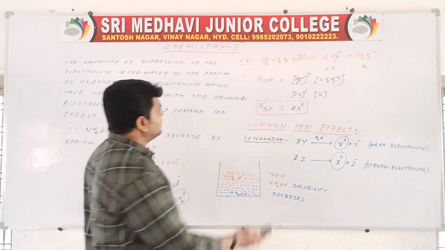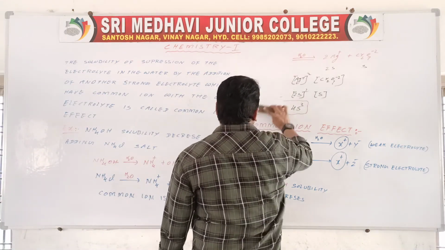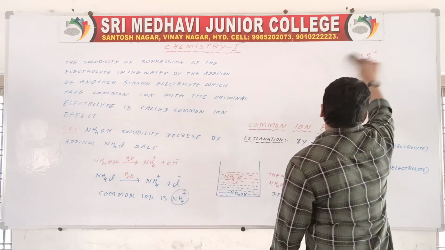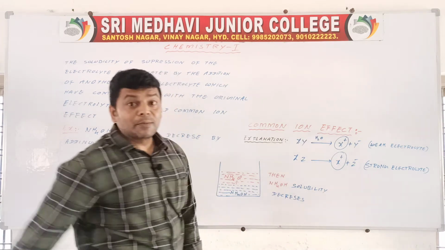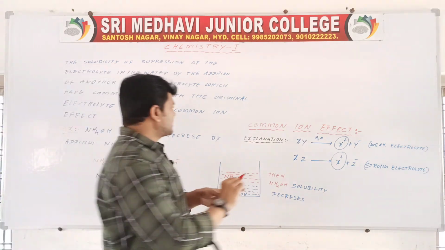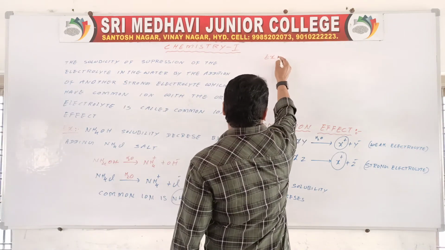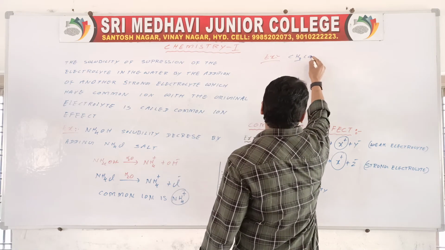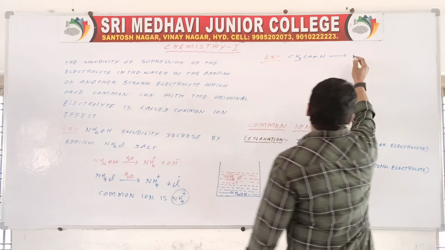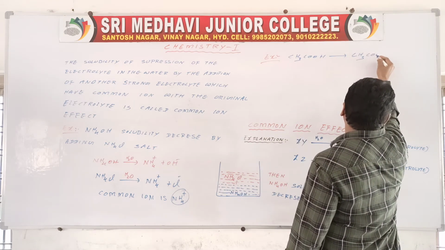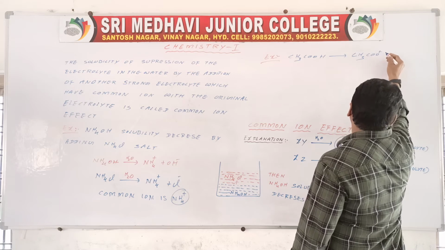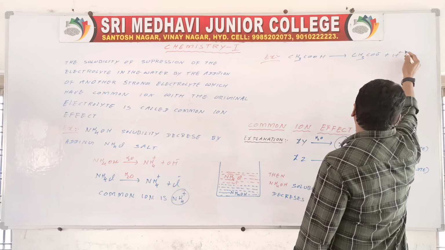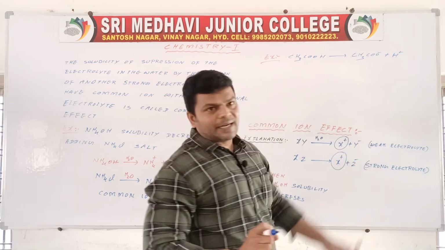Then one more example I will give. See here, CH3COOH gives rise to CH3COO minus plus H plus. It can be divided like this.